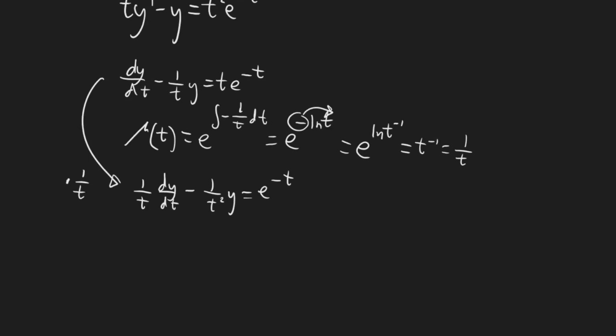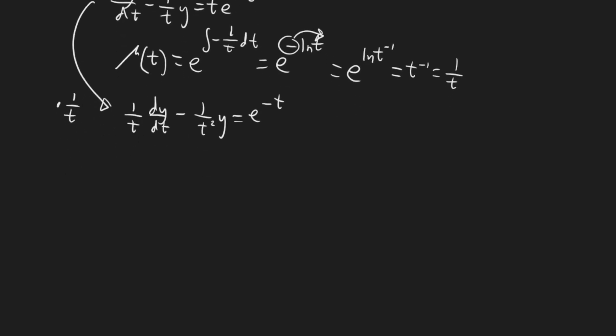Then we undo the product rule right here, which takes the form of a derivative with respect to the variable you're not solving for, times the integrating factor, in this case 1 over t, times the variable that you are solving for, in this case y, equals e to the negative t.